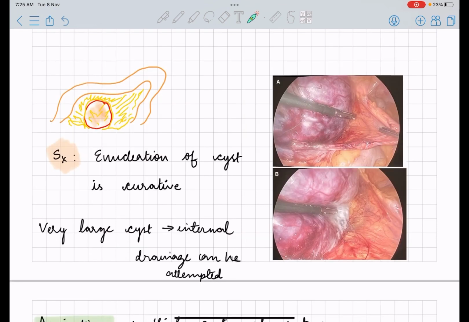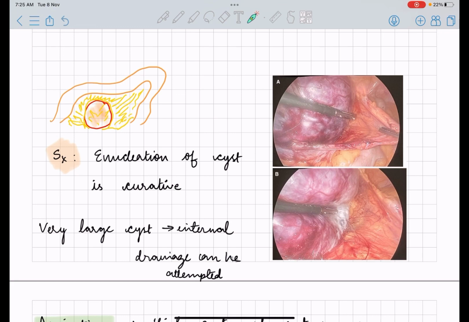The surgical treatment for a mesenteric cyst is enucleation of the cyst, and enucleation is curative. What we do in enucleation basically is that we peel off the cyst from the surrounding layer, which may appear to be adhered to the cyst.